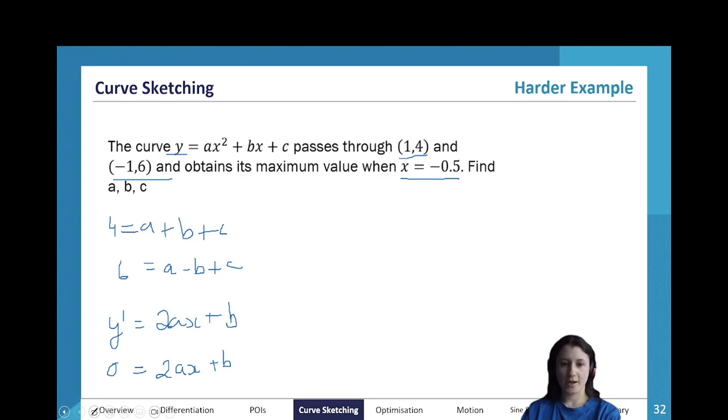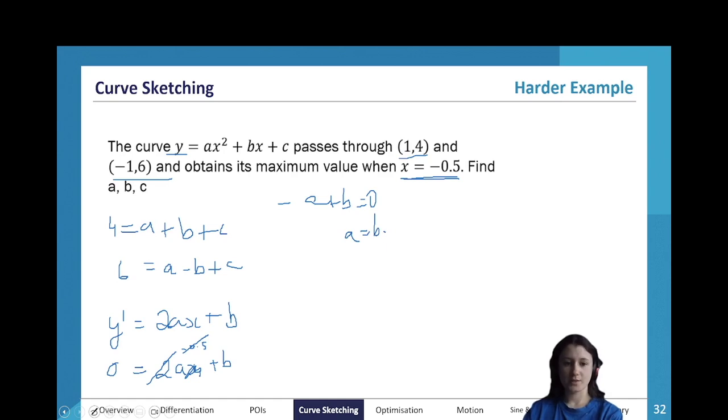And we know that x equals negative 0.5. So we can also sub that in, right? Which will cancel out that 2. So we're going to have negative a plus b equals 0. Or in other words, a equals b.